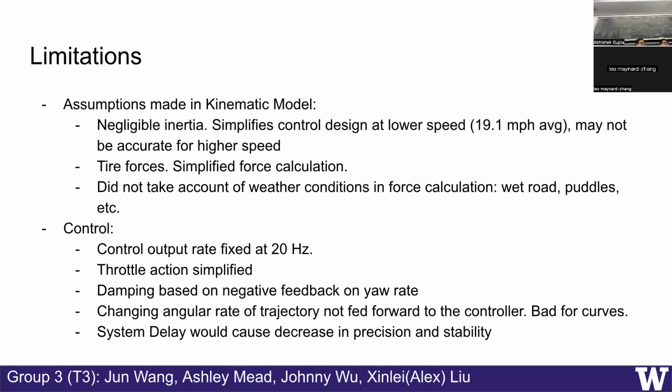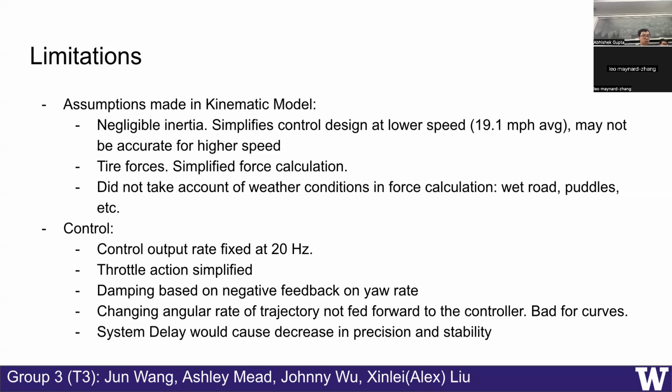And also, they did a negative damping based on negative feedback on yaw rate, which is sort of a hyperparameter they keep tuning, which could be different when the racetrack is different. They fine-tuned to this specific racetrack. And then the change of angular rate of the trajectory did not get fed forward to the controller, which means they had significantly higher cross-track error when entering a curve and when exiting a curve, because at these points the angular rate changed significantly and they didn't really look forward.